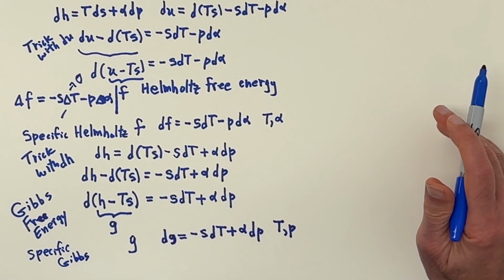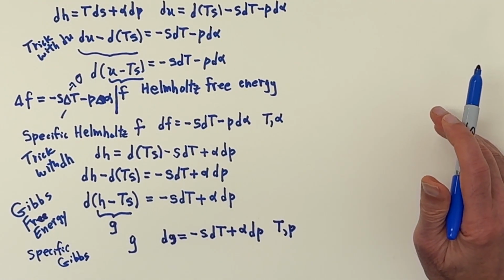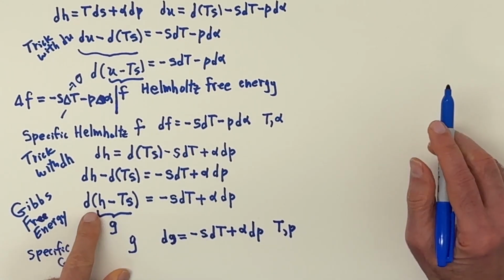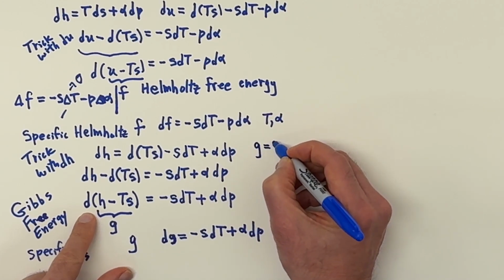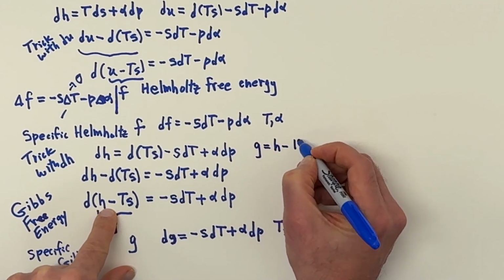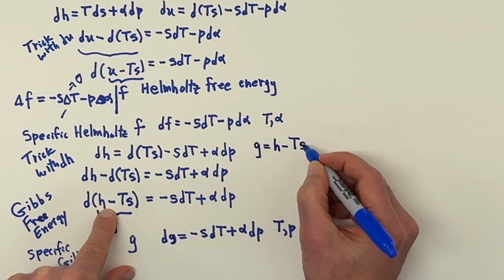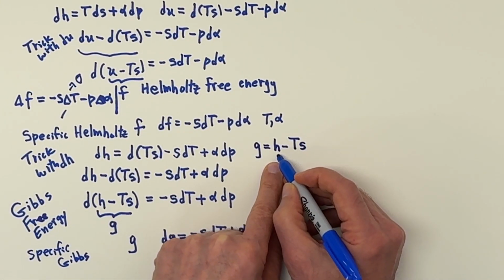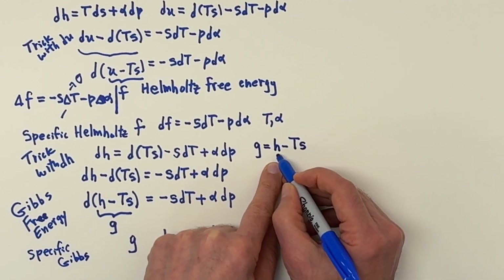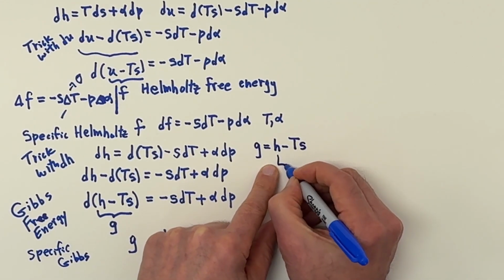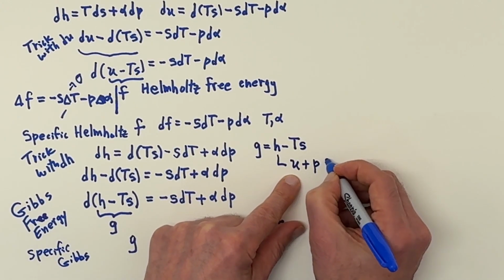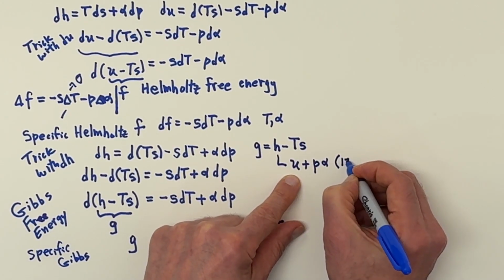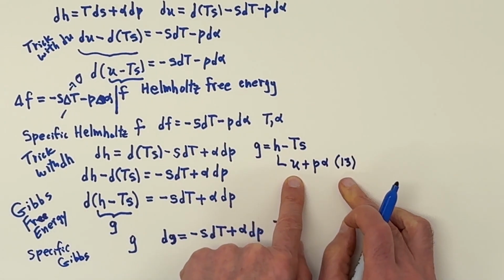We have 2 more equations we want to introduce. I would like to write this G function out, which is equal to H minus TS. I would then like to replace the H, our enthalpy, with its definition, U plus P alpha, which is our equation 13.